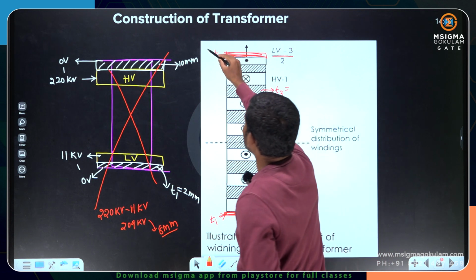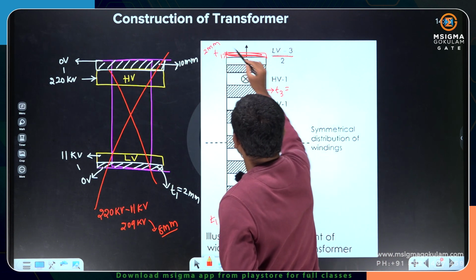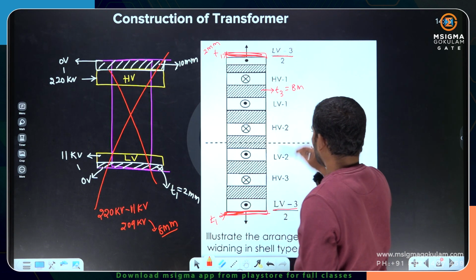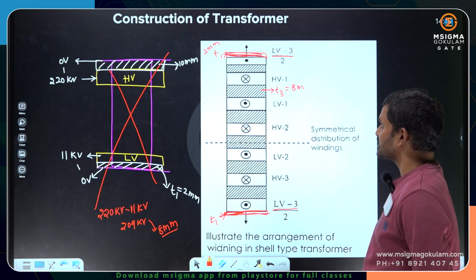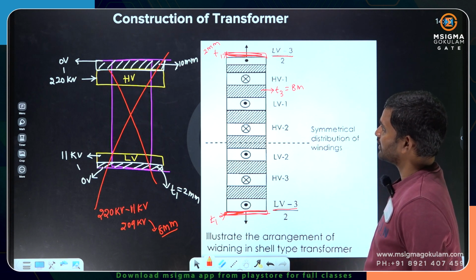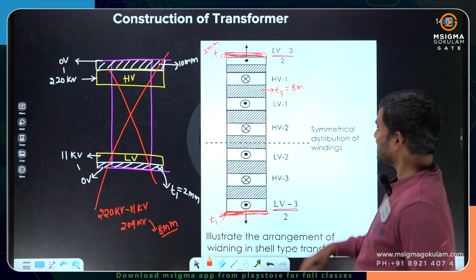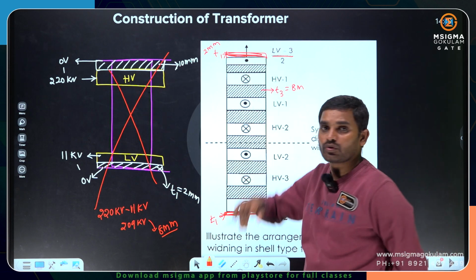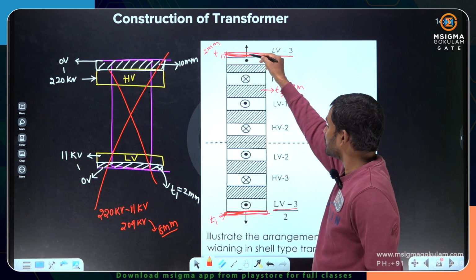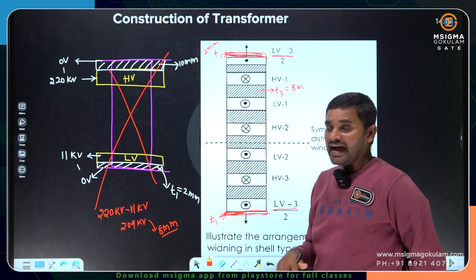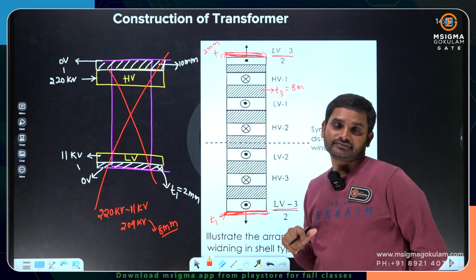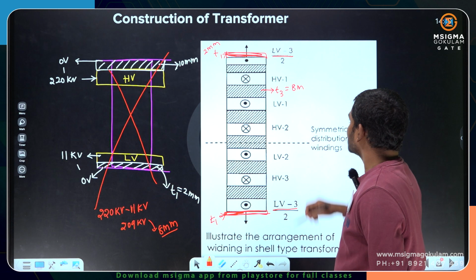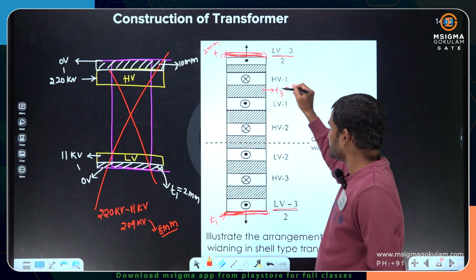If I take T1 as 2 mm, T3 as 8 mm, and the insulation between HV and core is 10 mm. I did not place high voltage winding near to the core. You see here, near to the core I did not place. Here also I did not place. I placed high voltage winding in between. Therefore, the total thickness, how much are you getting?